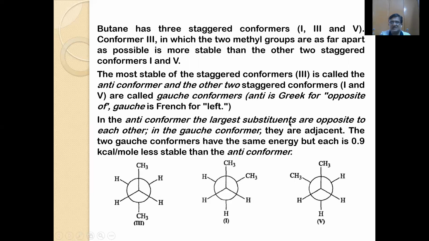In the anti conformer, the largest substituents are in the opposite direction, and in the gauche conformer they are somewhat nearer to each other. Because of that, the two gauche conformers have the same energy of 0.9 kilocalories, but they are less stable than the anti conformer.